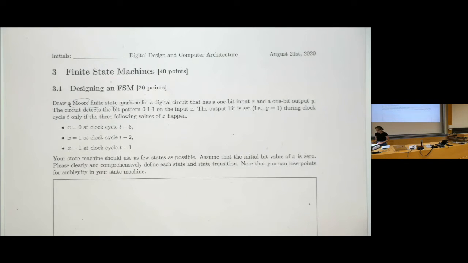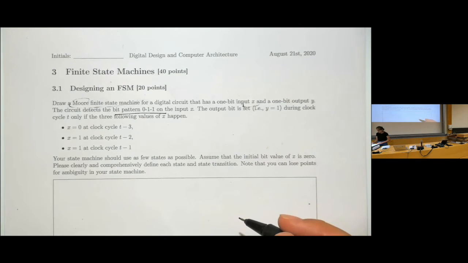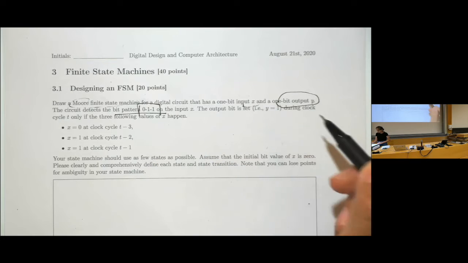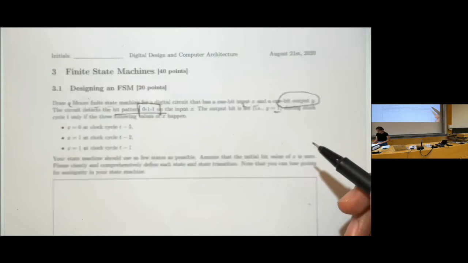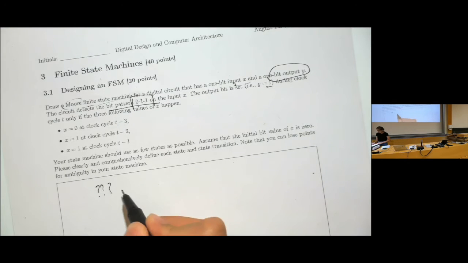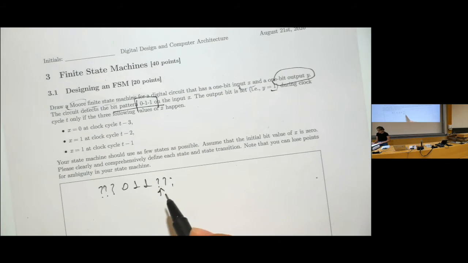And it's going to detect a bit pattern, which is 0, 1, 1, on streaming input from X. And when it detects a 0, 1, 1 pattern, the 1-bit output Y is going to be 1. So you have some patterns, and then 0, then 1, 1, and then the remaining doesn't matter. But at this time, the output Y should be 1.